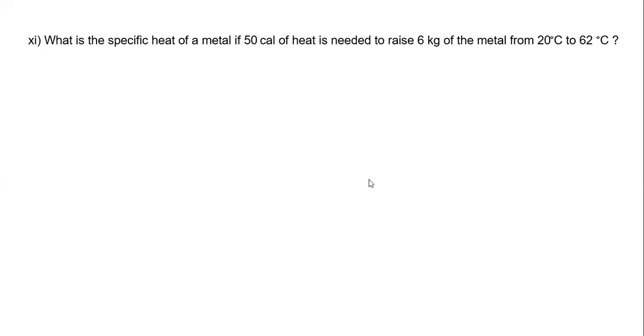Now the next question is question number 11. What is the specific heat of a metal if 50 calorie of heat is needed to raise 6 kg of metal from 20 degrees Celsius to 62 degrees Celsius? So the specific heat formula is Q upon M (T2 minus T1), or delta T, we can write.